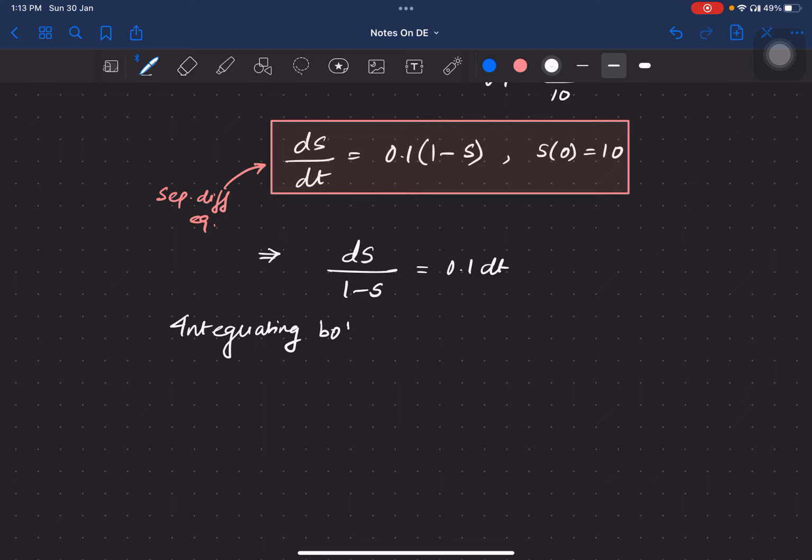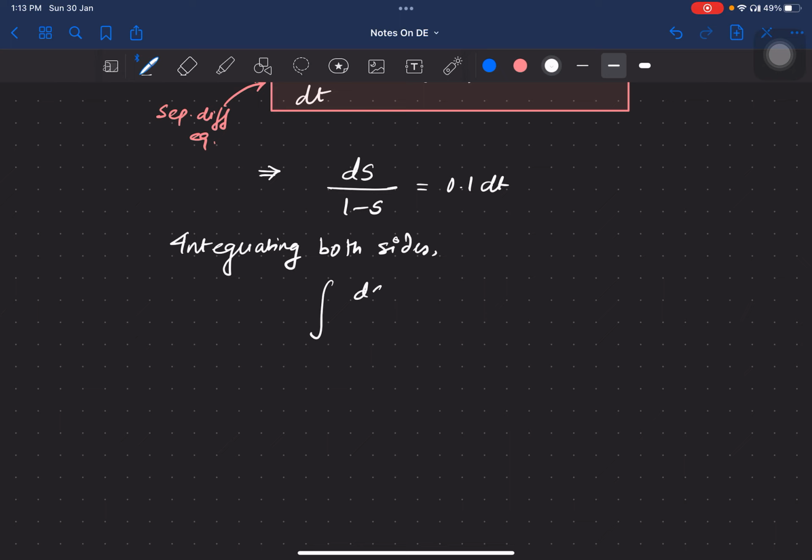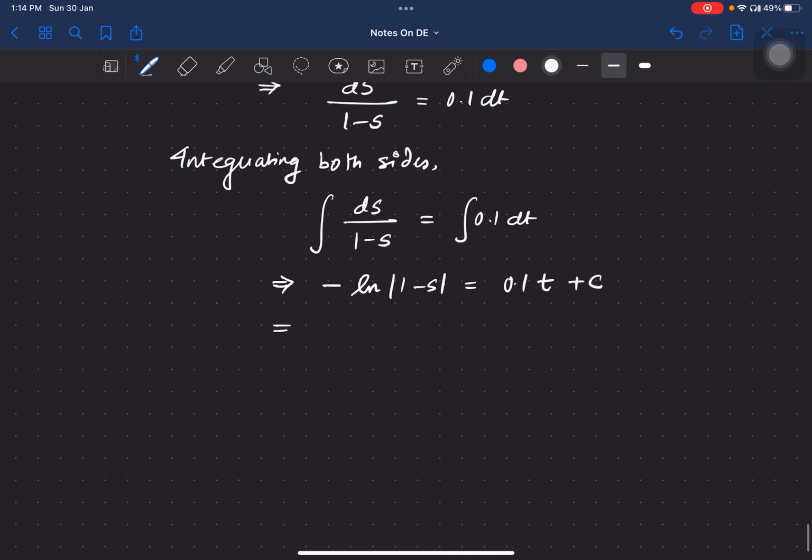Integrating both sides, integral of dS/(1 minus S) equals integral of 0.1 dt, so minus log|1 minus S| equal to 0.1 t plus c. So from here we get S(t) equal to 1 plus c e to the power minus 0.1 t. This is just a few steps, you can check the steps.